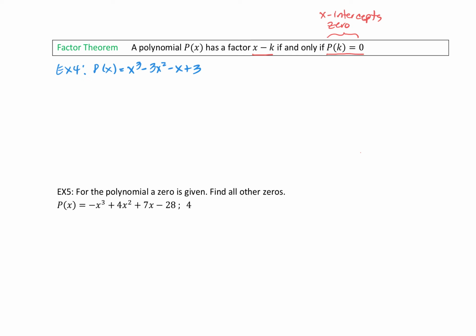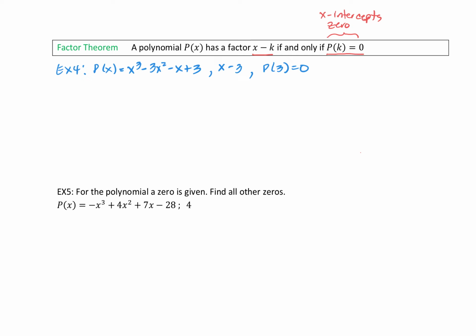And here we were dividing by x minus 3, and we ended up with p of 3 equal to 0 by the remainder theorem.